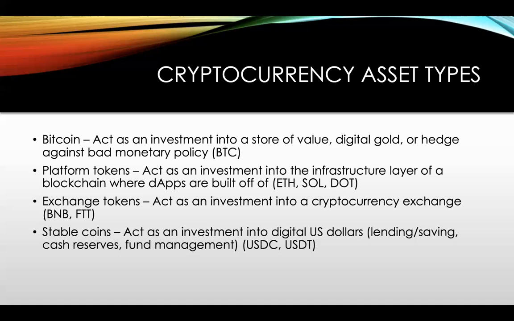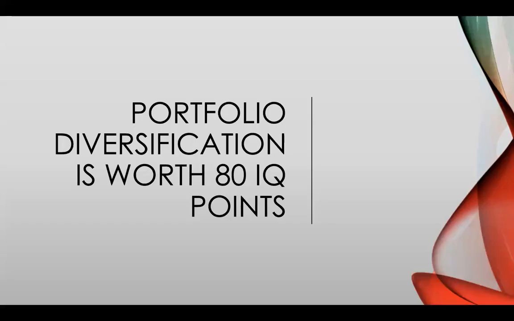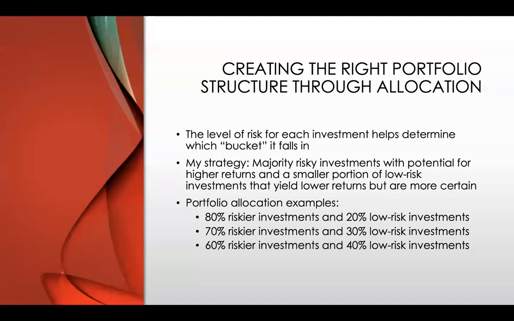And then lastly, we talked about fund management. That's another way you could use stablecoins to generate a return. So this is a statement that I modified from one I heard, which was that perspective is worth 80 IQ points. I changed it to portfolio diversification is worth 80 IQ points. Diversification means you're spreading your capital across multiple different types of assets. A simple example is if you held Bitcoin and you held USD Coin.